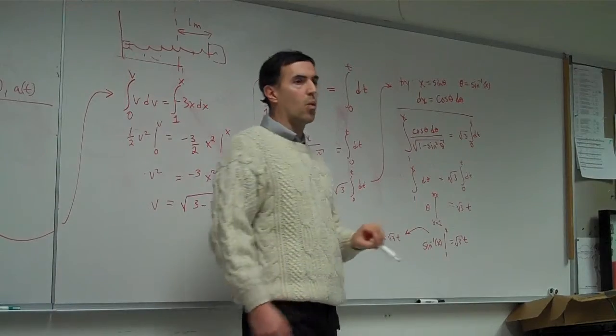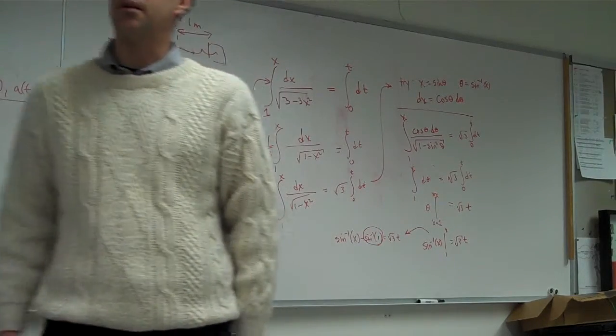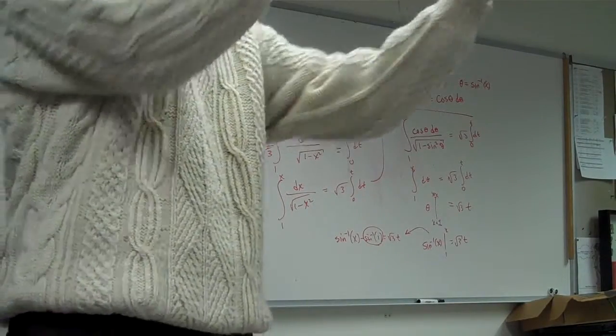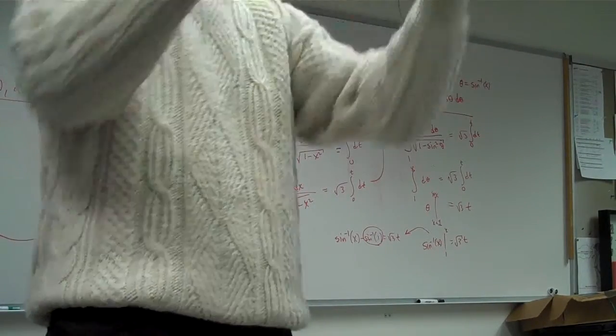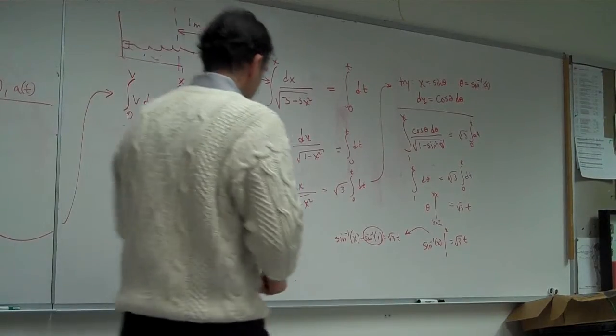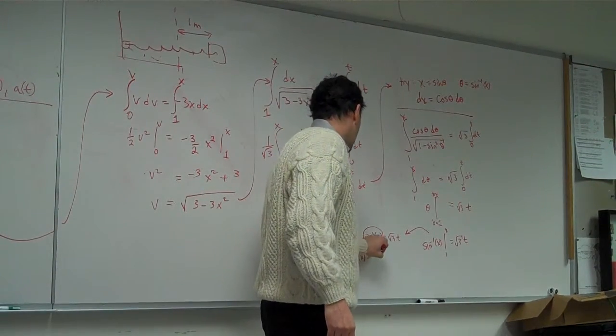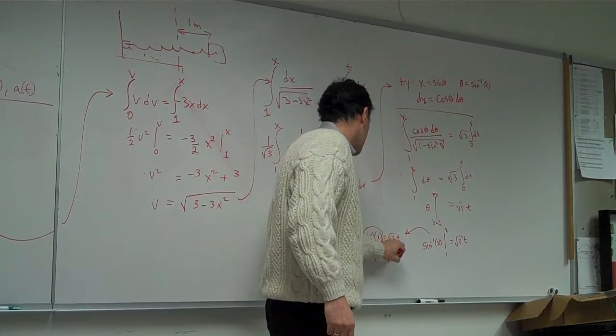Sine inverse of 1, you of course could do with your calculator. But what that's asking is, sine of what gives me 1? 90. So I have sine inverse of x minus 90 degrees equals the square root of 3t.